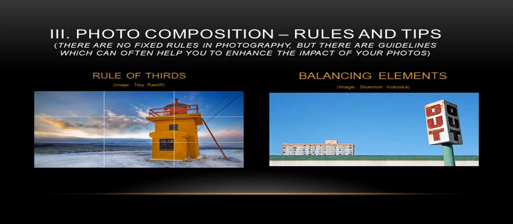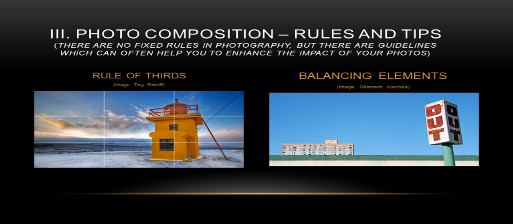There are no fixed rules in photography, but there are guidelines which can often help you to enhance the impact of your photos. The rule of thirds. Imagine that your image is divided into 9 equal segments by 2 vertical and 2 horizontal lines. The rule of thirds says that you should position the most important elements in your scene along these lines or at the points where they intersect.